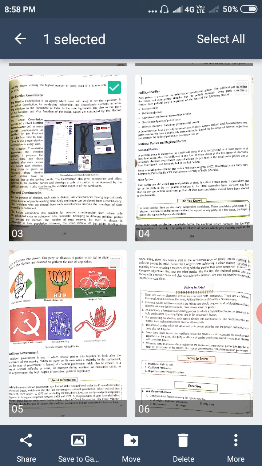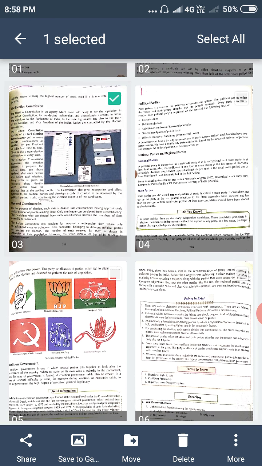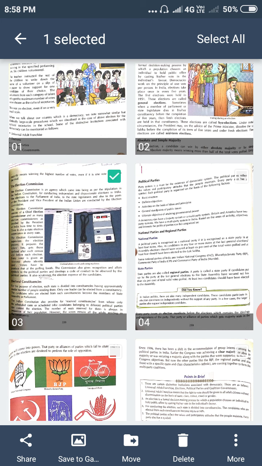What is the term in our country? 5 years. Elections are held after every 5 years. These types of elections are called by-elections.